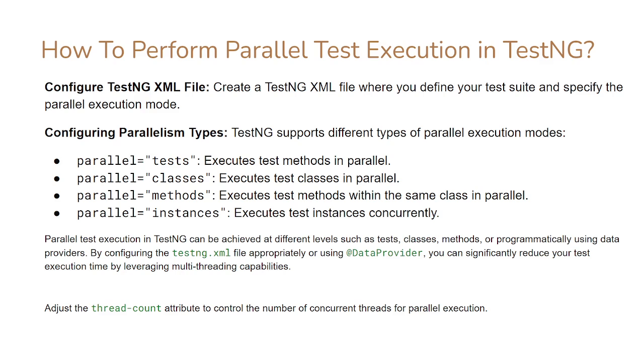So by configuring the TestNG XML file appropriately or by using the data provider annotation, you can significantly reduce your test execution time by leveraging multi-threading capabilities. We'll go through this in the code. Plus, in the TestNG XML file, you can adjust a thread count attribute to control the number of concurrent threads for parallel execution.